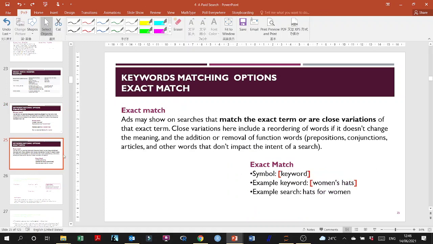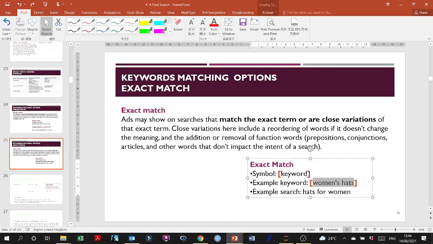A better match, a very close match, closer than the broad match, is actually the exact match, because with exact match, women's hats will trigger women's hats, and hats for women will trigger women's hats. I'm sorry, I just messed it up. So here, nothing is wrong.